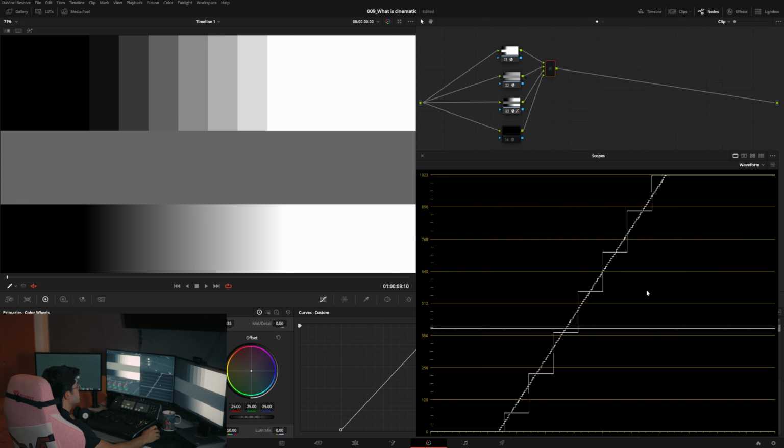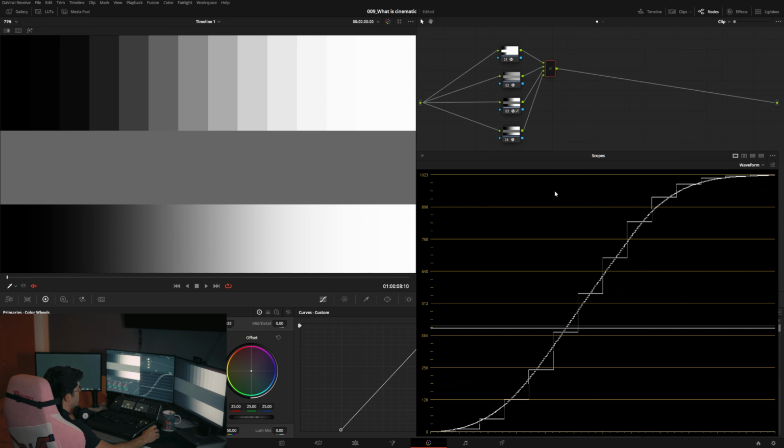So what happens is that the brain actually introduces roll-offs at the top and the bottom, and these are this, okay? And if you notice something familiar in this curve, this is the S-curve. And the reason why the S-curve looks so good to us when we introduce it in our grades is because that is effectively what our brain is doing.